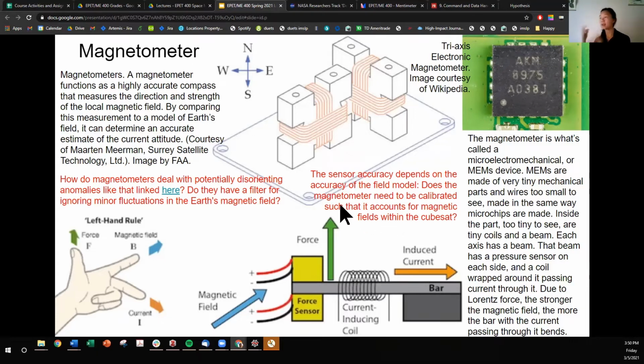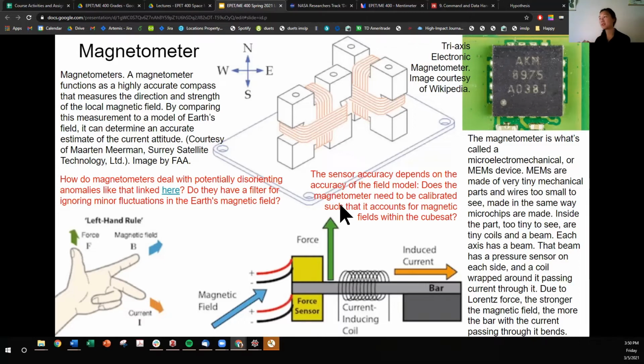A lot of magnetometers, as we've seen in spacecraft designs, have the magnetometer really far out on a boom so that you don't get as much electromagnetic interference from the spacecraft. But for our spacecraft, the magnetometer is embedded pretty much in the center of the spacecraft.